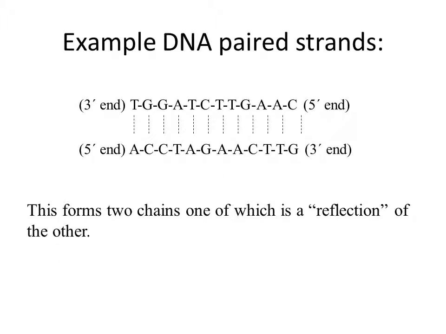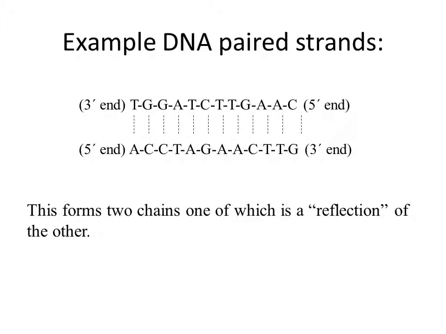Here are 2 short DNA strands showing you how they pair together. Notice the top one goes 3' to 5', and the bottom one goes 5' to 3'. Also, notice that adenine always hydrogen bonds to thymine, and guanine always hydrogen bonds to cytosine. This gives us a reflection from one chain to the other, because if it's a thymine in one chain, it's an adenine in the other.